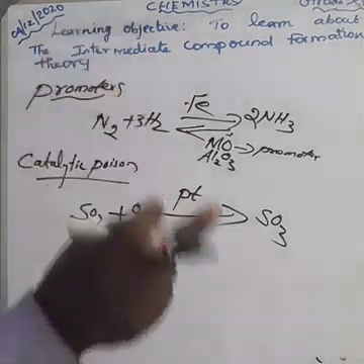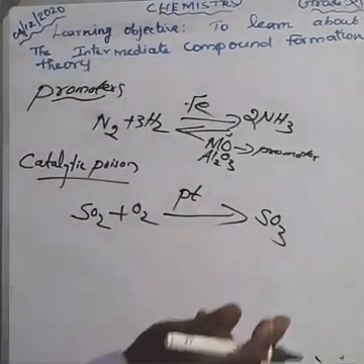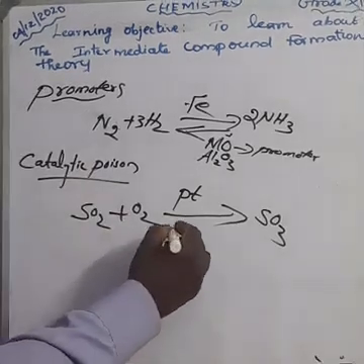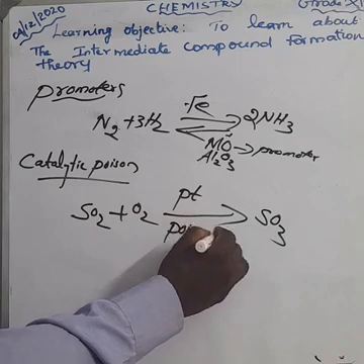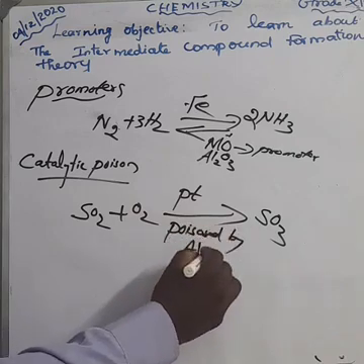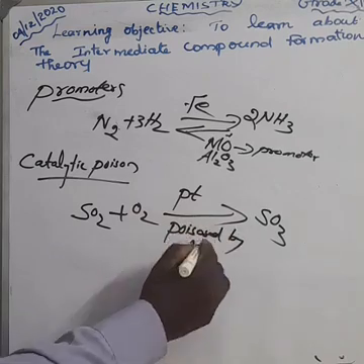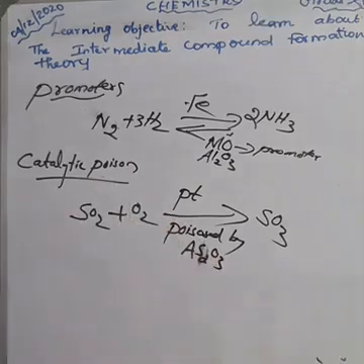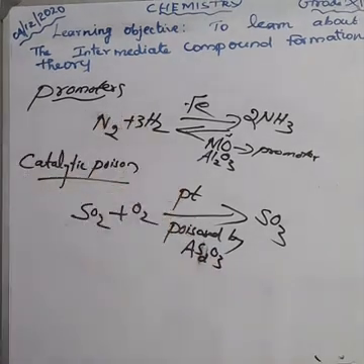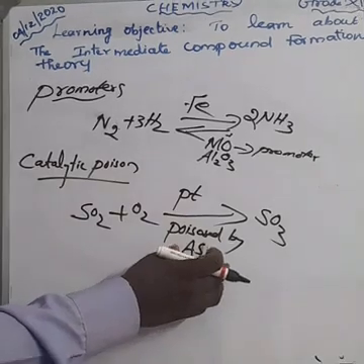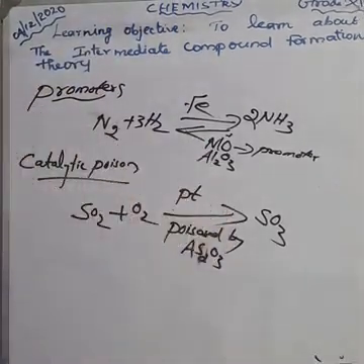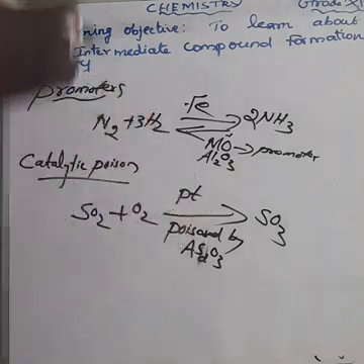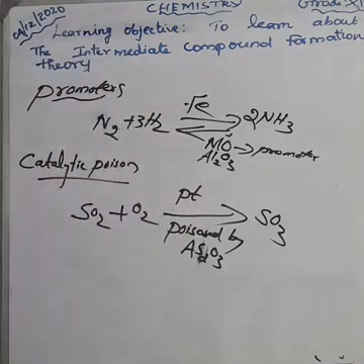Platinum is poisoned by arsenious trioxide, As2O3. When we add arsenious trioxide to this reaction, it destroys or decreases the activity of the platinum catalyst.